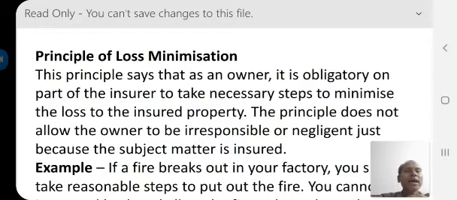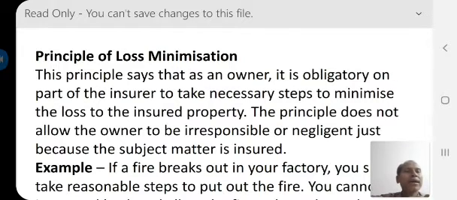If we are there, we shall try to minimize. And if we are not there, we are informed by someone else, either a watchman or neighbors or passers-by. They noticed and informed the owner. In such situations, the owner should take all possible measures to minimize the loss to the insured property.